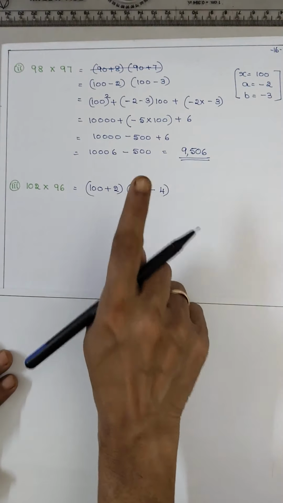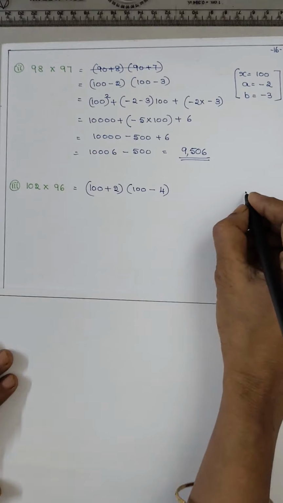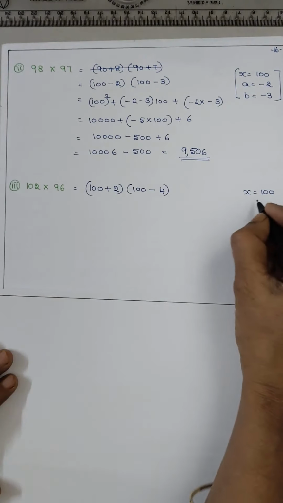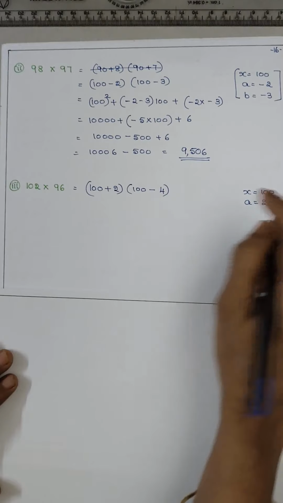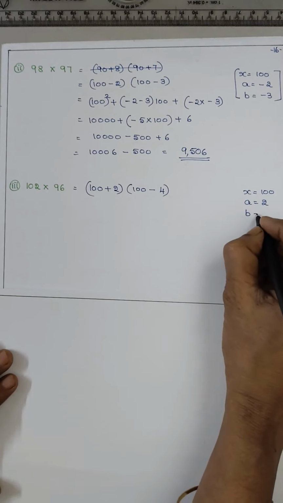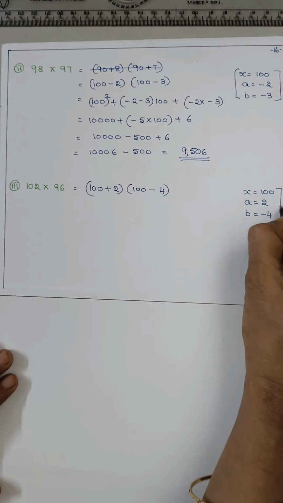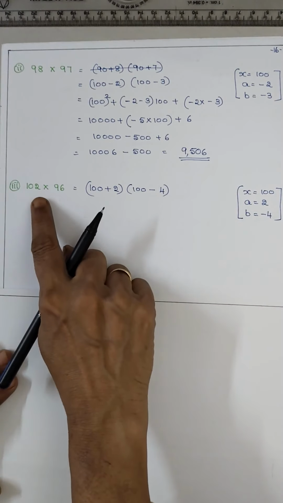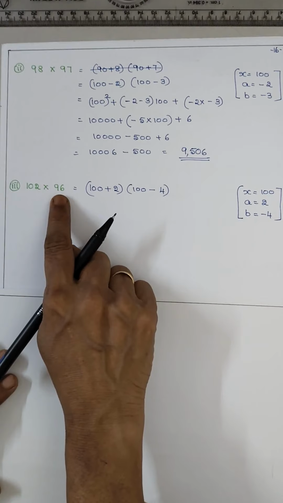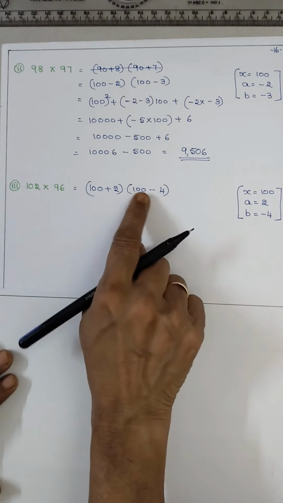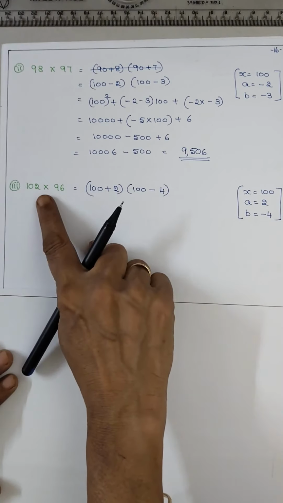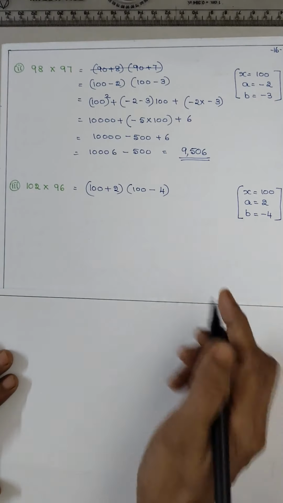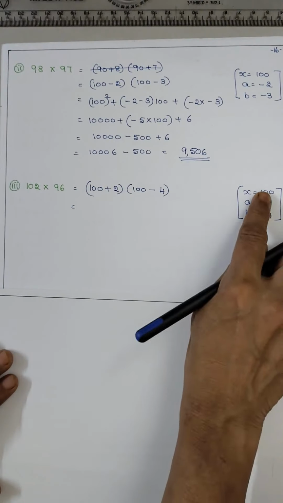Remember, first terms are same. Write x is equal to 100, a is equal to 2, b is equal to minus 4. Understood by everyone? 102 as 100 plus 2, don't write 90 plus 6. The first term stays the same: 100 plus 2, 102. 100 minus 4, 96.